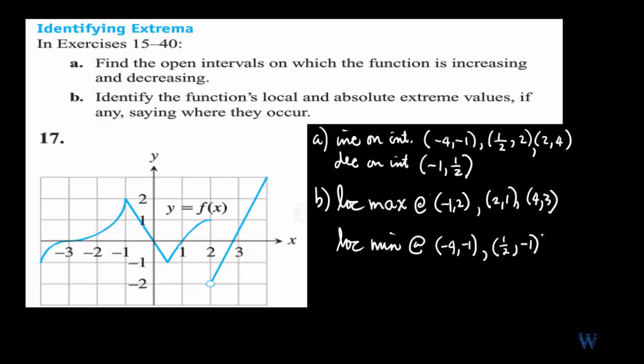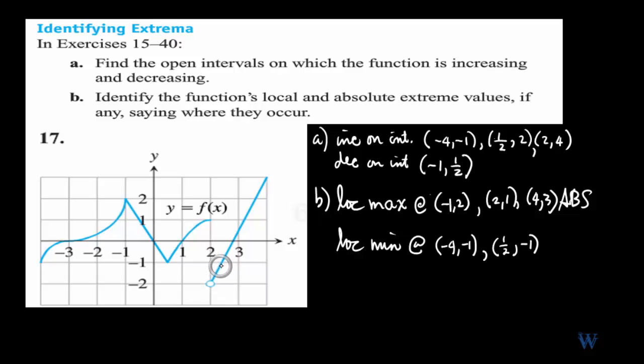Now based on these, remember we cannot just compare the y values, because it's not a continuous function, so we can't guarantee. So we do have an absolute maximum. The absolute maximum is when x is equal to 4, y is 3. But look here, you have two local minimums, but it's not an absolute because there are still y values below -1. You see these?